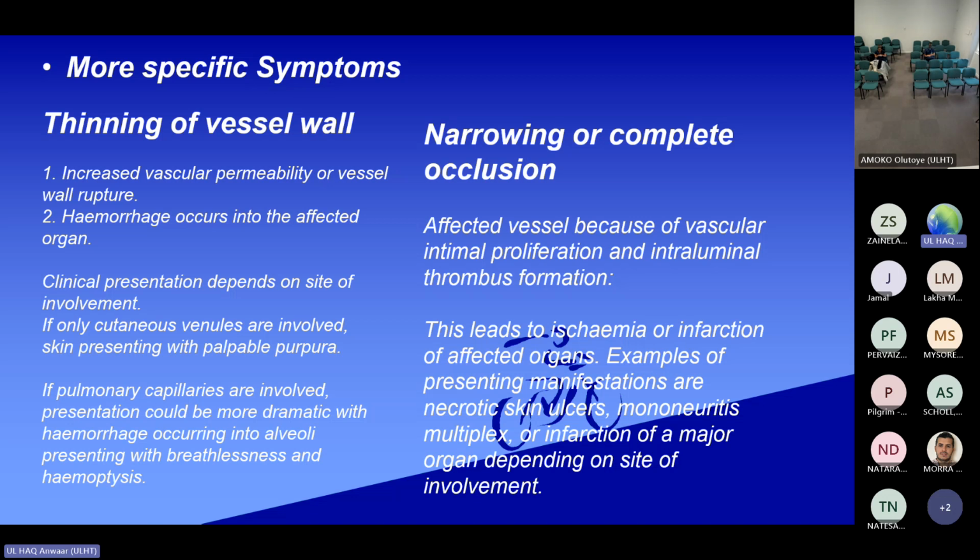When there is a narrowing or complete occlusion, the distal organ can suffer infarction. So when there is giant cell arteritis and there is occlusion of intracranial blood vessels, the patient can present with a stroke. In a younger patient with stroke, we normally run all these investigations to find out the possible cause of stroke, and vasculitis could be one possible cause.